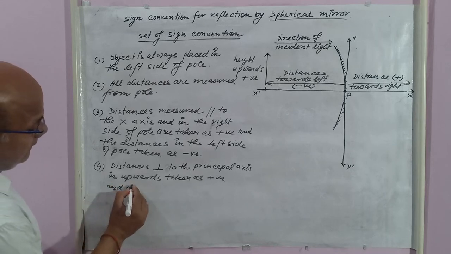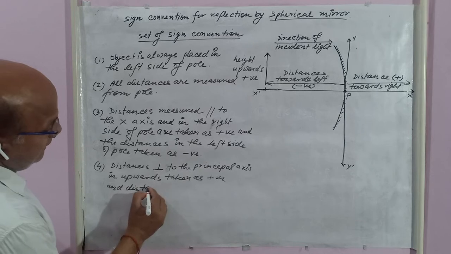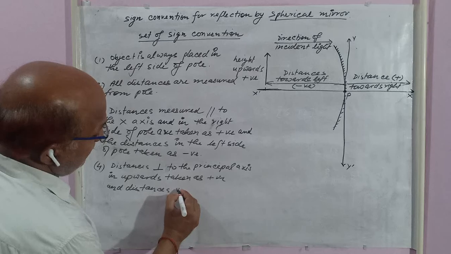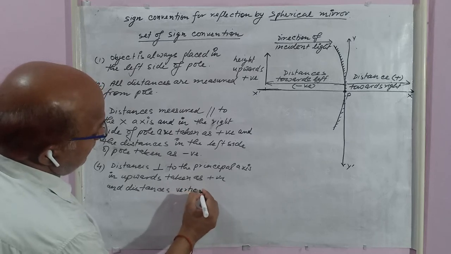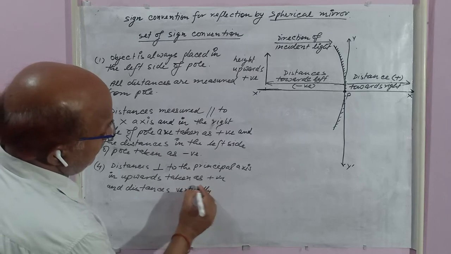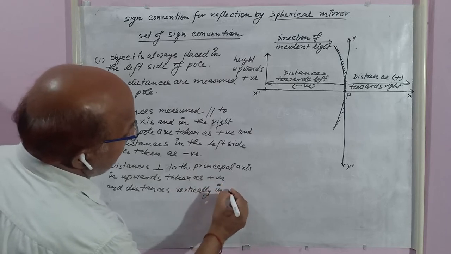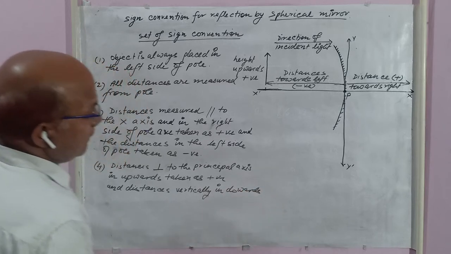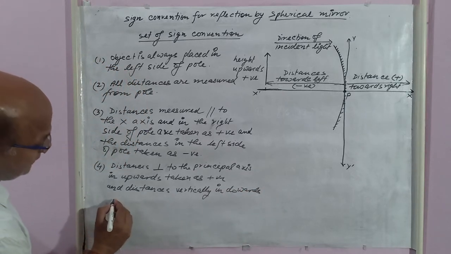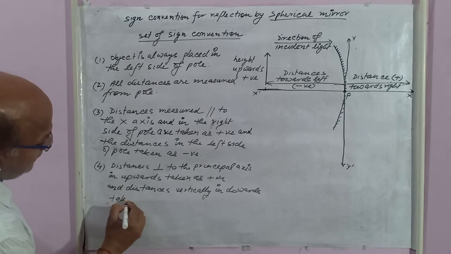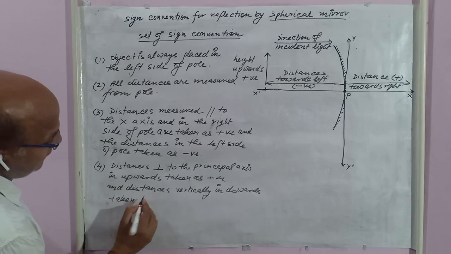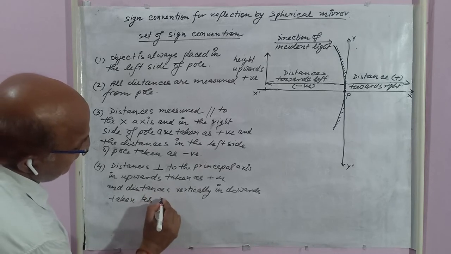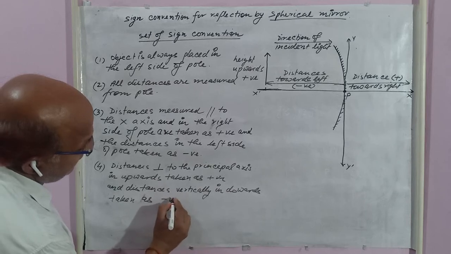And distances vertically downwards are taken as negative.